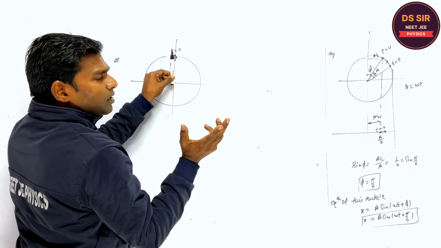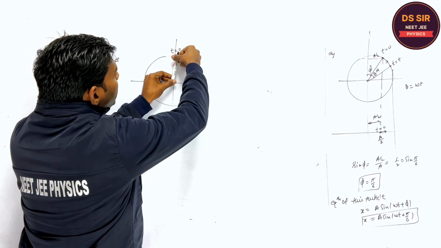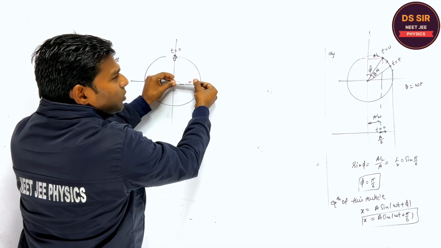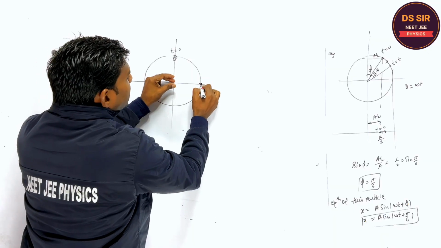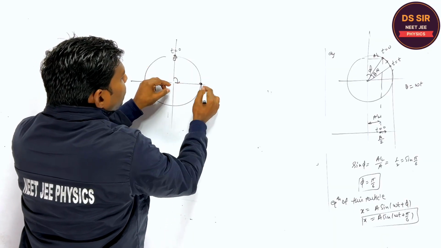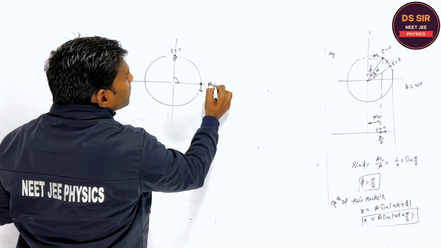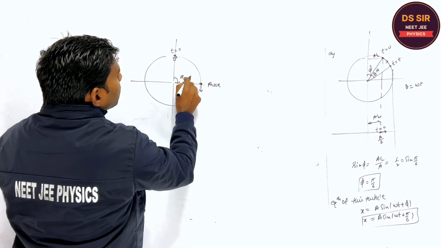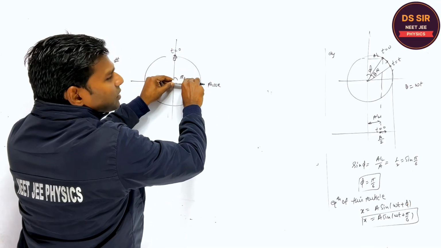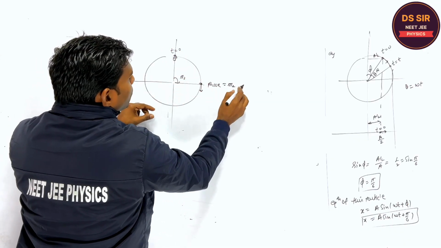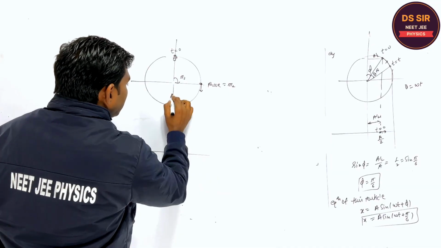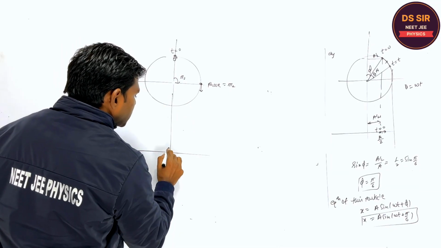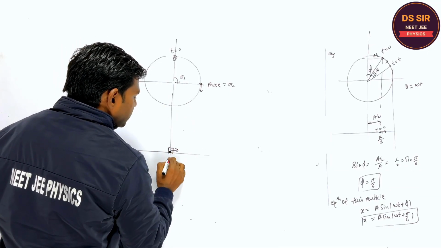Tell me, Varsha. 0. So when it completes 1/4 of the circle, when the particle reaches this point, what is the phase at this point? Tell me. Pi by 2.